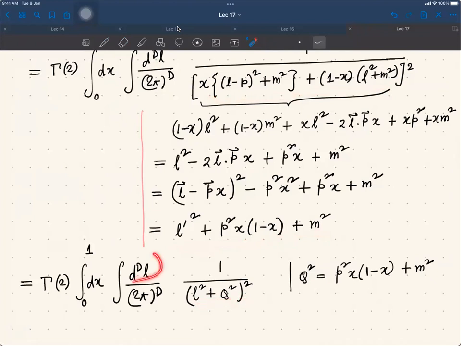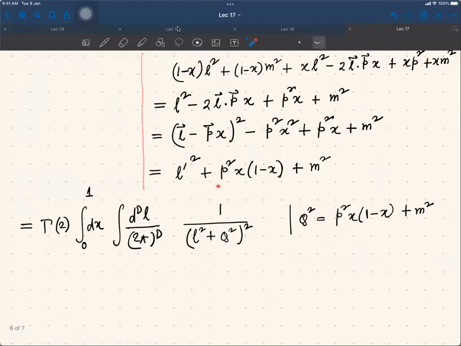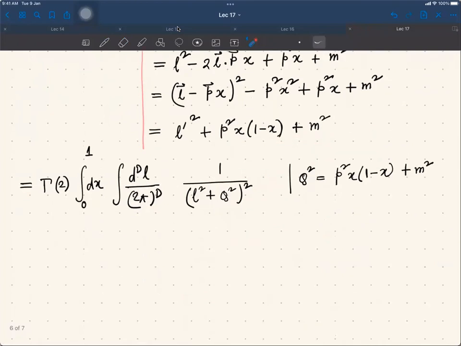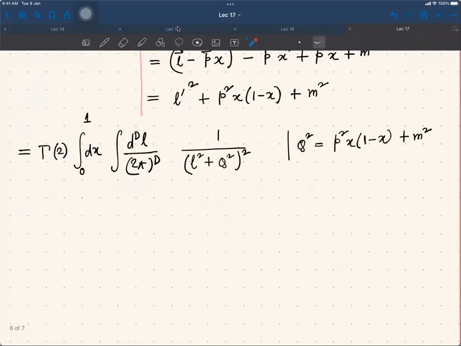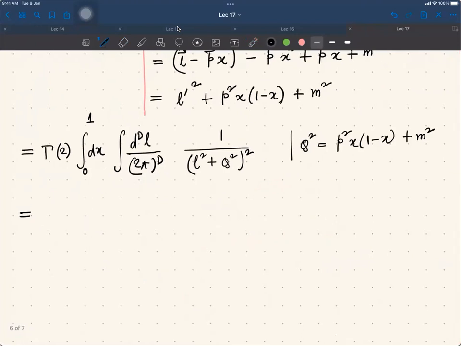Then I renamed L from L prime to L, and Q square is this portion. And gamma 2 is just 1 factorial, so gamma 2 is 2 minus 1 factorial.